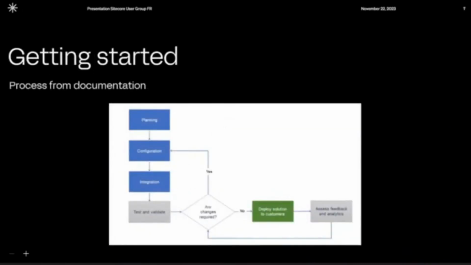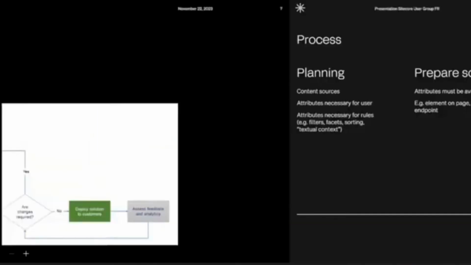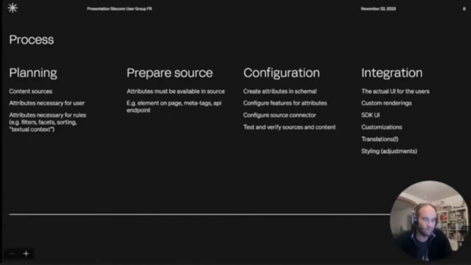To get started, this is the process in the Sitecore Search documentation. Seems very simple, right? You just do some planning, do some configuration, integrate it, test and validate, and maybe you will take another round of this. But what is it in reality? It is a good idea to actually do some planning upfront. You'll need some content sources where to actually get your content.